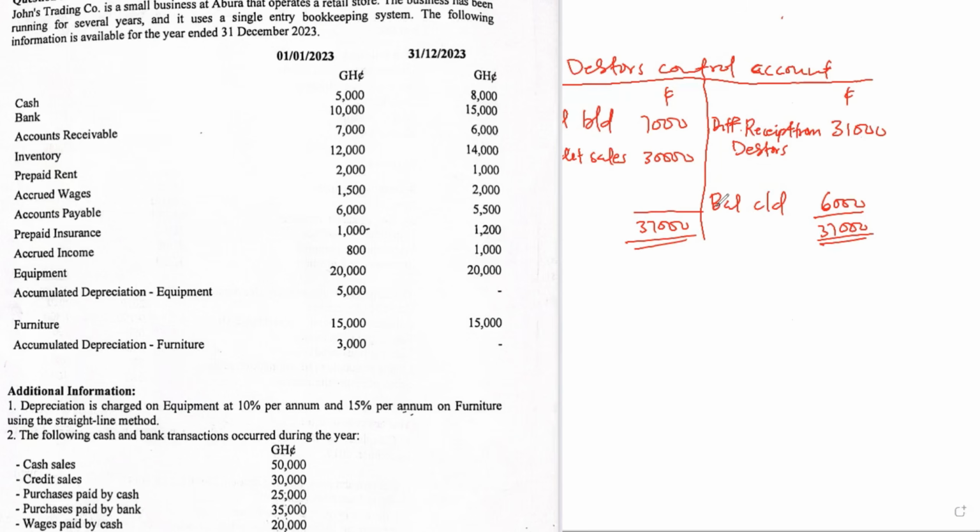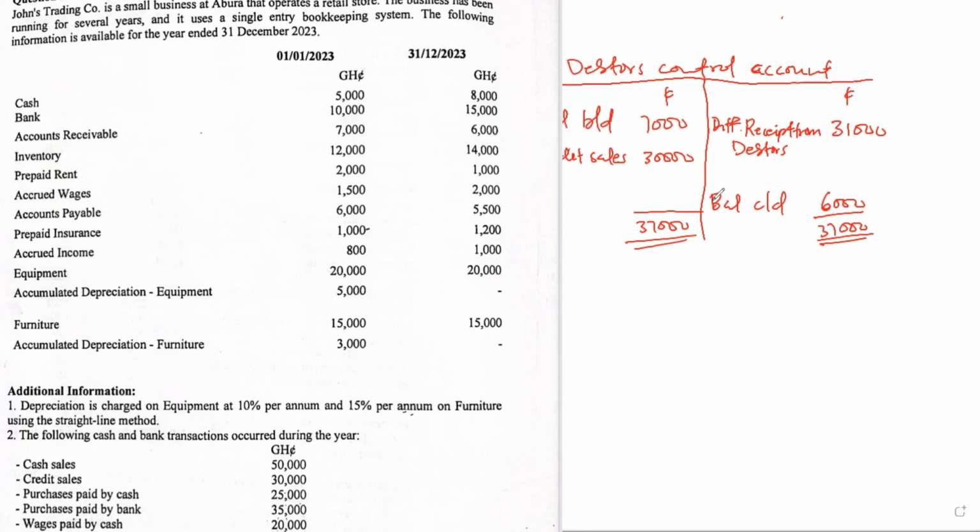If you've solved any question on single entry, you will see that sometimes they give you the cash from debtors and the balances. When you balance the account, the difference is on the debit side, and that difference is credit sales.